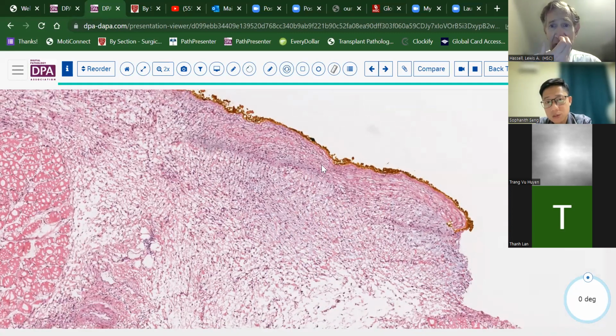Now I'll mention one other thing about ink, and that is that there are colored India ink solutions that can be used to discriminate one area of the margin from another area of the margin.